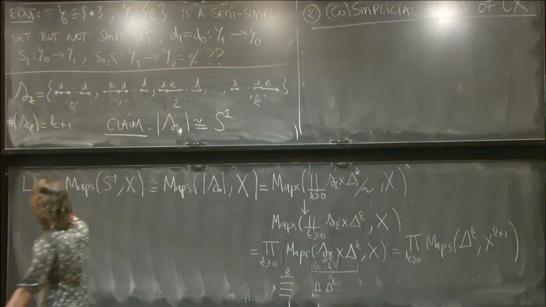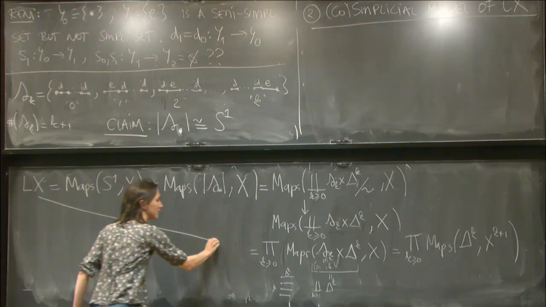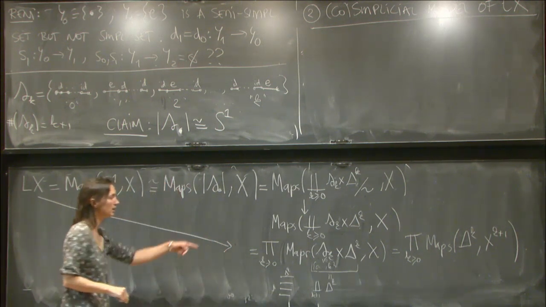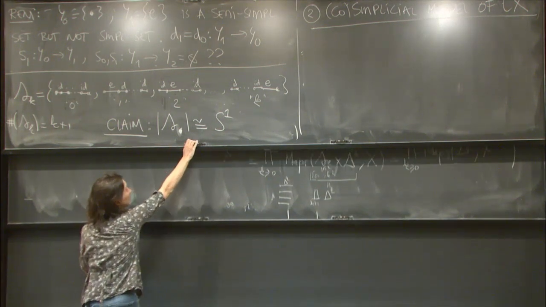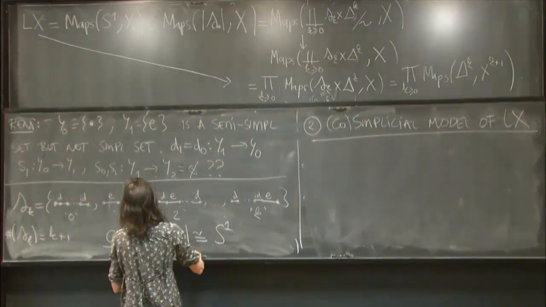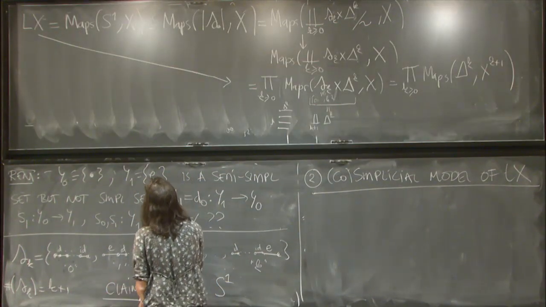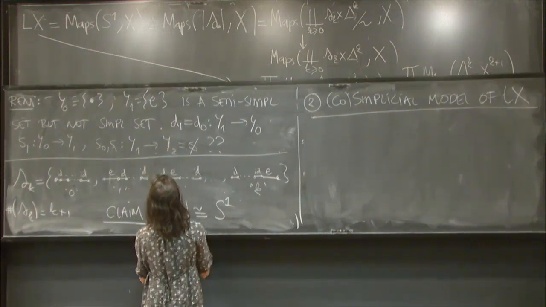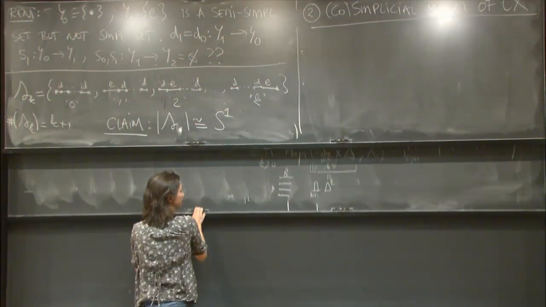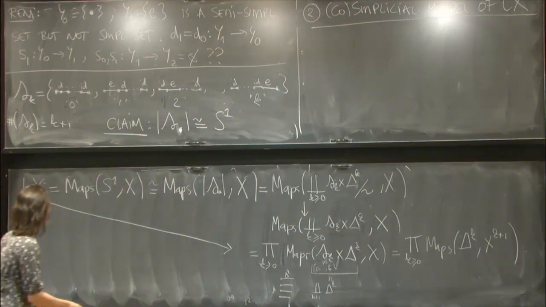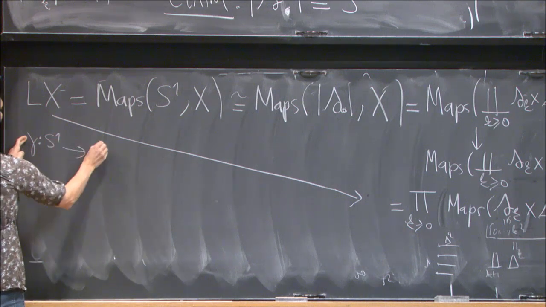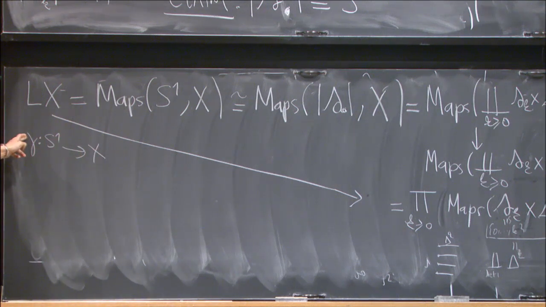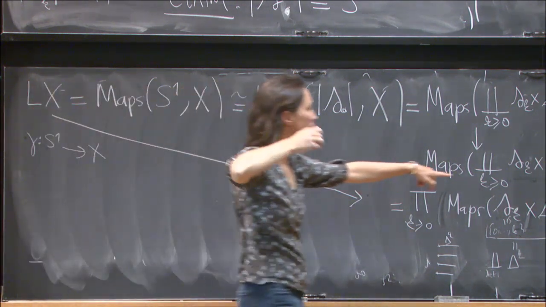All right. So what have we done? We have written a map, or sort of. I claim there's a map. So let me say what this map is. So I claim the map is going to take gamma from S1 to X. I start with a loop, and I have to give you an element here.